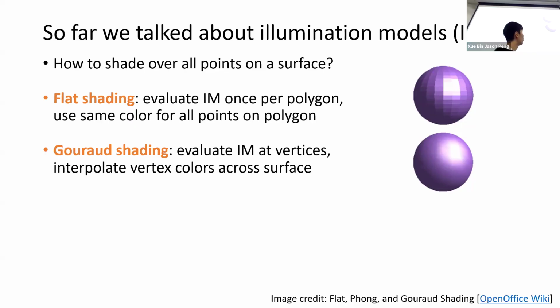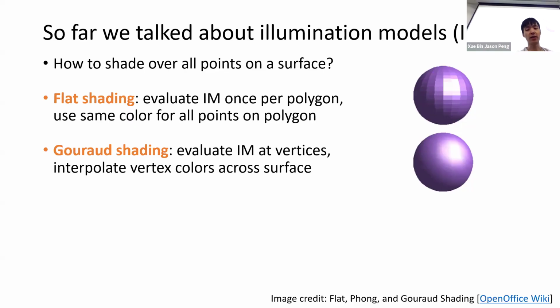Now, while Gouraud shading can give us smoother results, it might be a little bit hard to see on the slide, but if you look very closely, you can see that there are still some visual artifacts from this Gouraud shading method. In particular, the highlight on the sphere should appear fairly smooth and round. But if you look closely enough, you can see that there are these starbursts, these sharp edges at the highlight of the sphere.